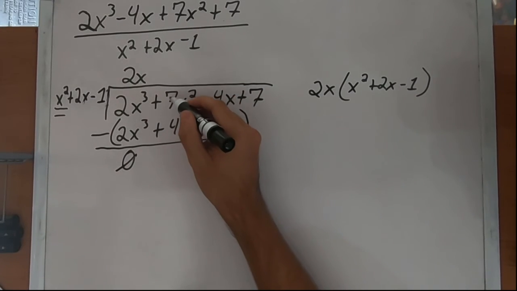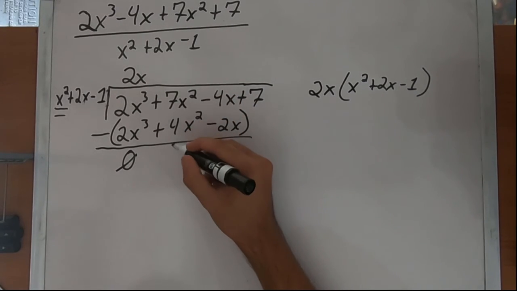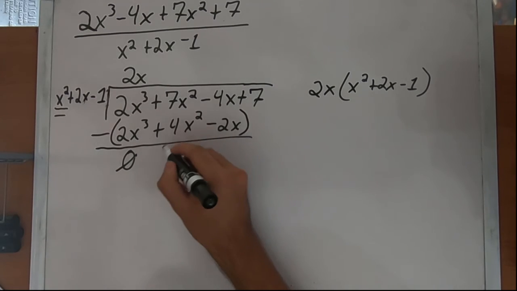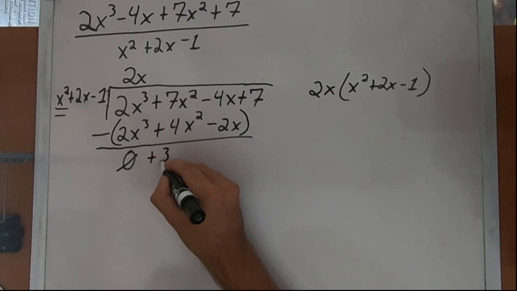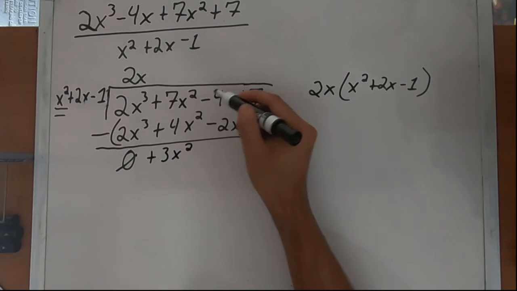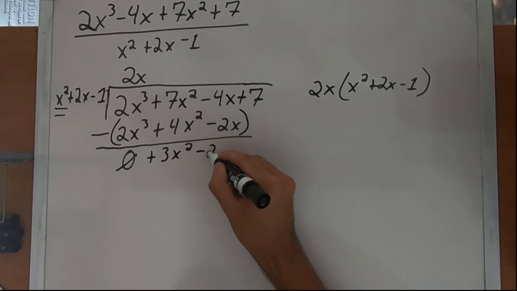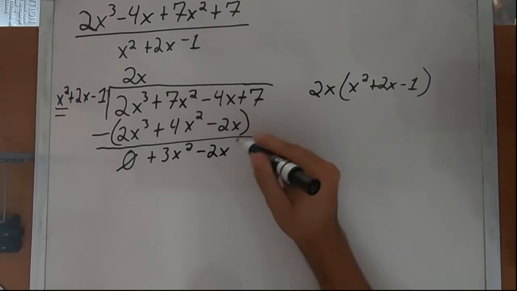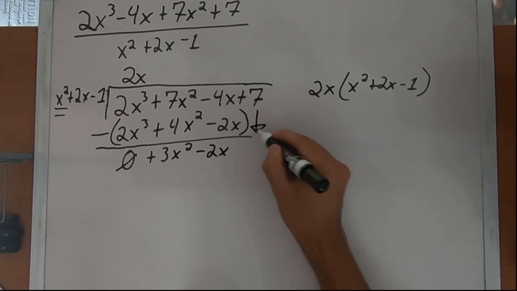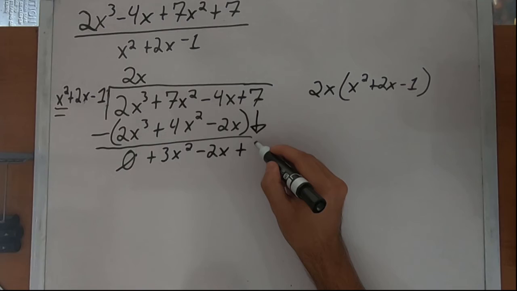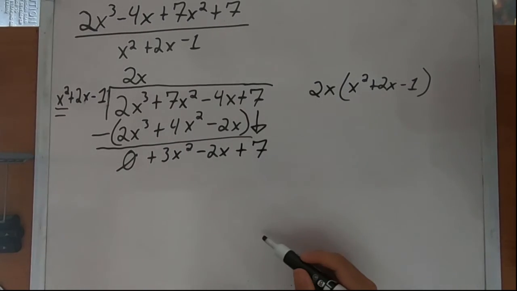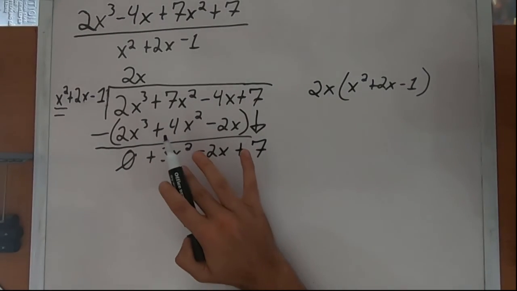All right, 7x squared minus 4x. It's going to give you positive 3x squared. Negative 4x plus 2x is going to give you negative 2x. And bring down the 7. Okay, this one's easy.